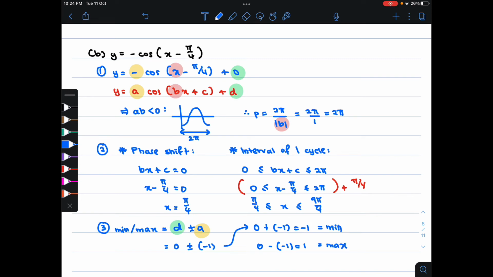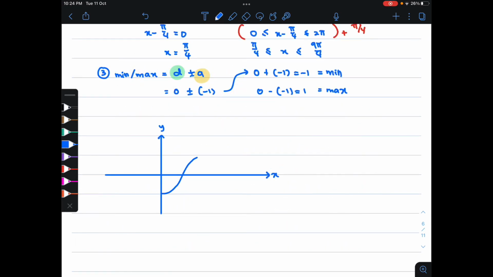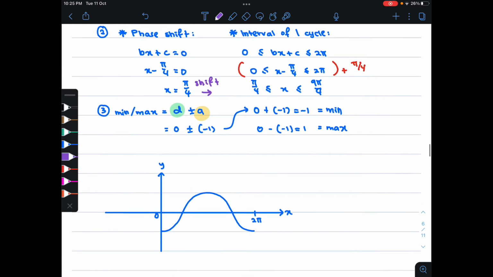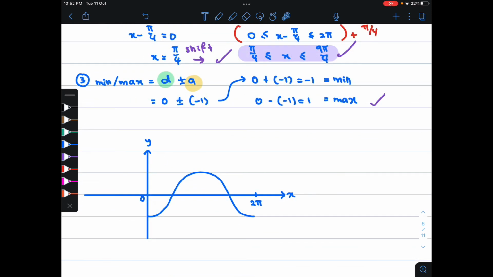So now we can try and sketch the graph. So this is our basic shape and the period is 2 pi. So that's for the basic shape and the period. Next is for the phase shift. So x is positive, that means we're gonna shift our graph to the right pi over 4 unit. So note that this is 0 and this is 2 pi.